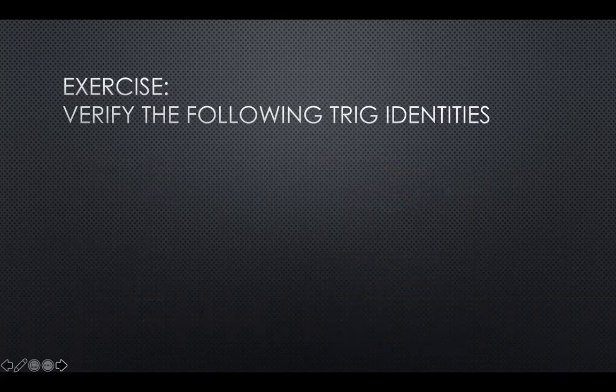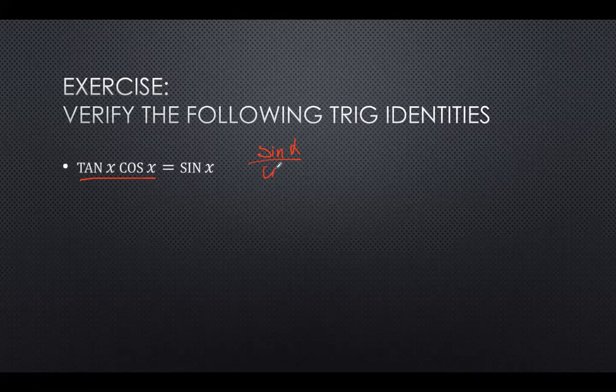For the following trig identities, the first one is tangent times cosine equals sine. We want to convert the left-hand side into sine. The trick here is to convert everything in terms of sine and cosine and simplify as much as we can. So tangent is sine over cosine, times cosine of x.